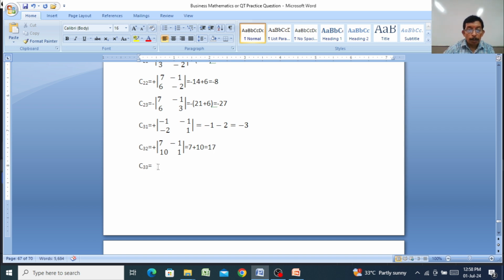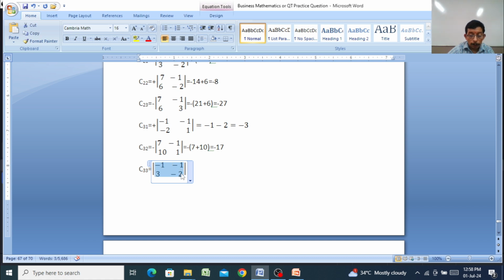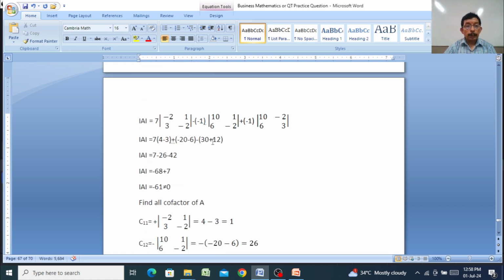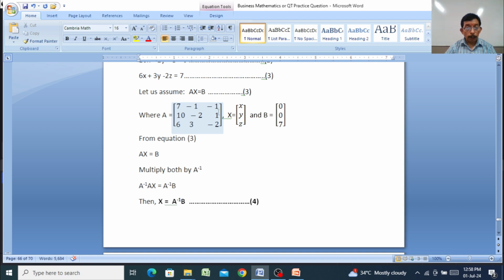Now C33, the last cofactor of the given matrix. If the sum of the indices is odd, we take the sign as negative; if the sum is even, then we take the sign as positive. C33 means third row, third column cancel out.